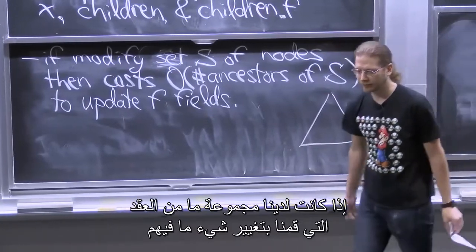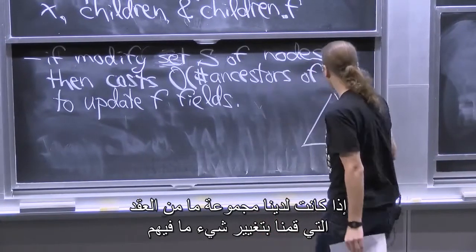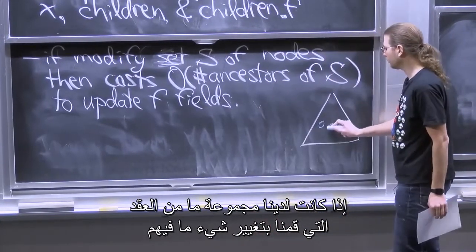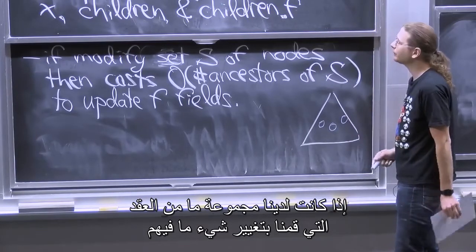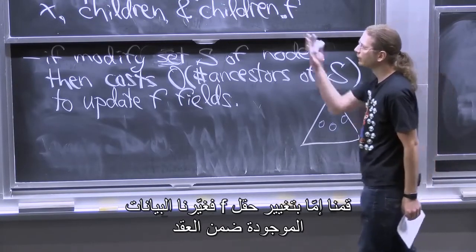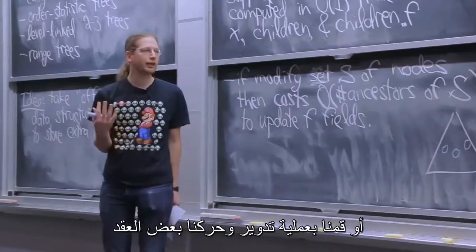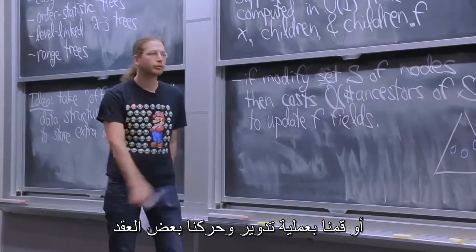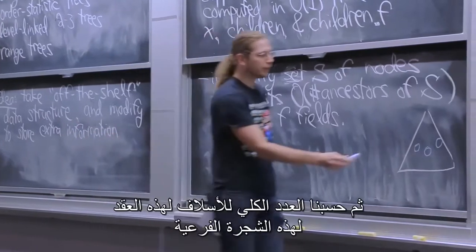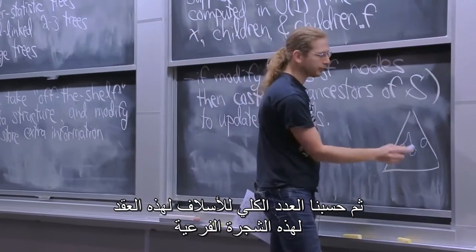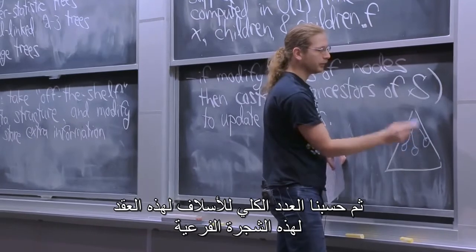If there are some set of nodes which we change something about, we change either their f field, we change some of the data that's in the node, or we do a rotation, move some nodes around, then we count the total number of ancestors of these nodes.